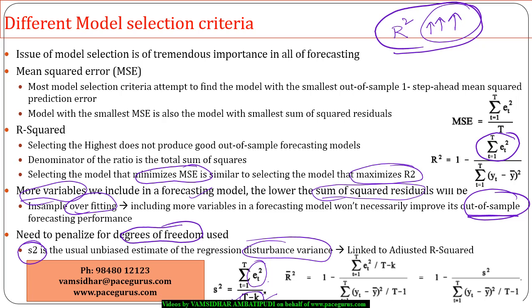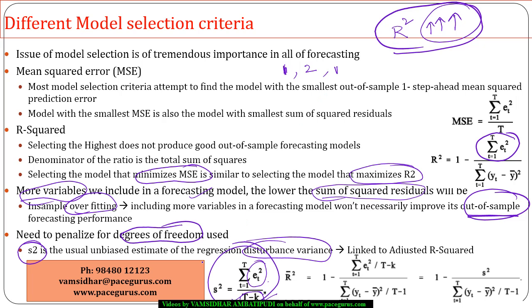K is the number of parameters, the coefficients, that we have used in the model. In the linear model it's only one parameter, time. In quadratic it is 2, time and time squared. And again in the case of exponential it is only one variable, that is the time.